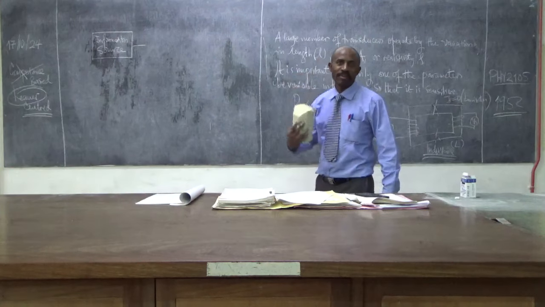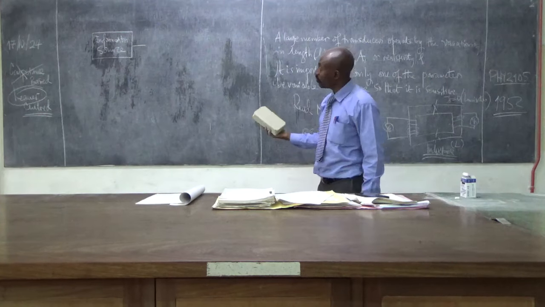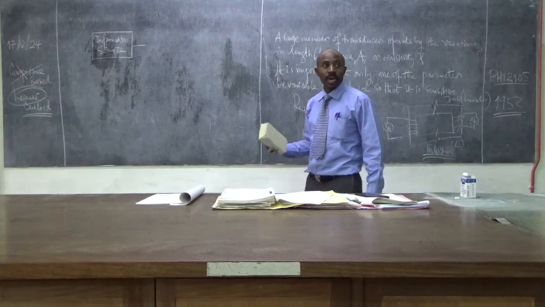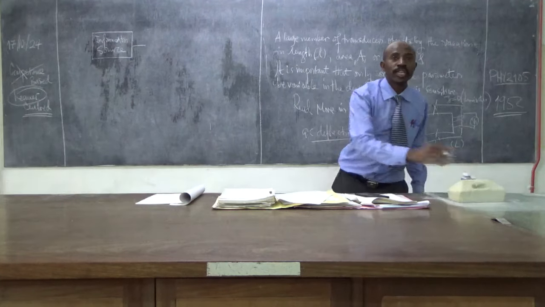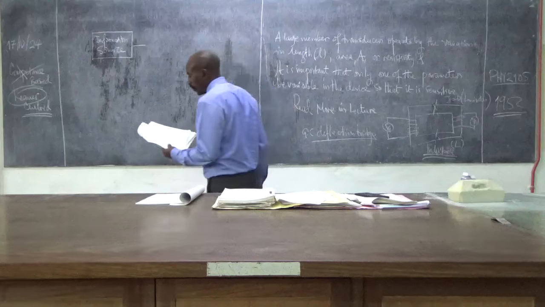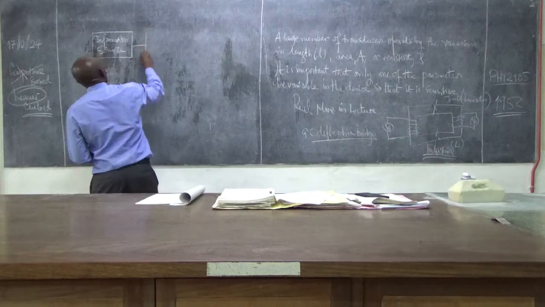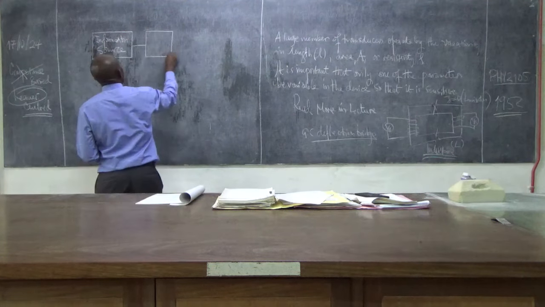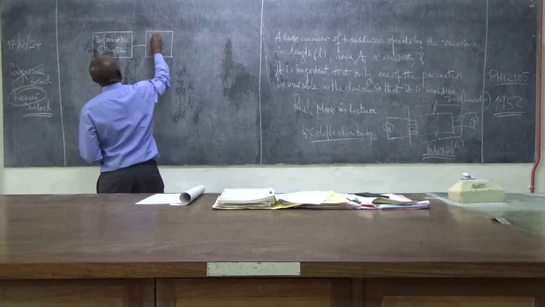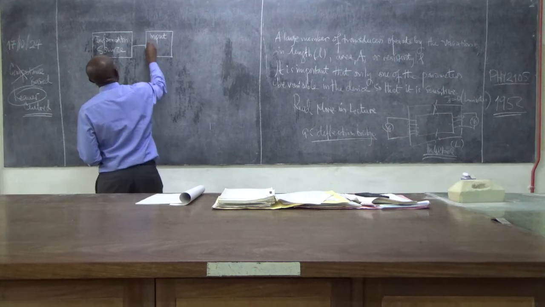So you have the information. You are the information source. Now you look for what you want to use to send it. So you have the input transducer, which I asked you in the test.